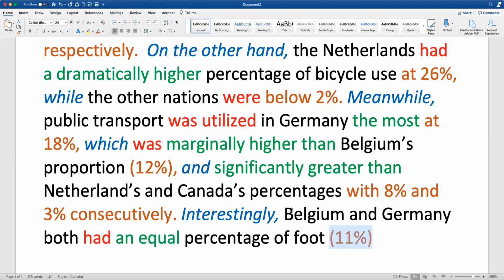But the Netherlands is always at the top for everything in its country.